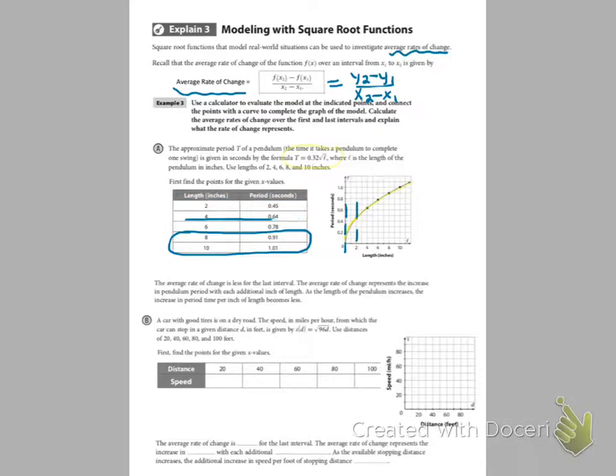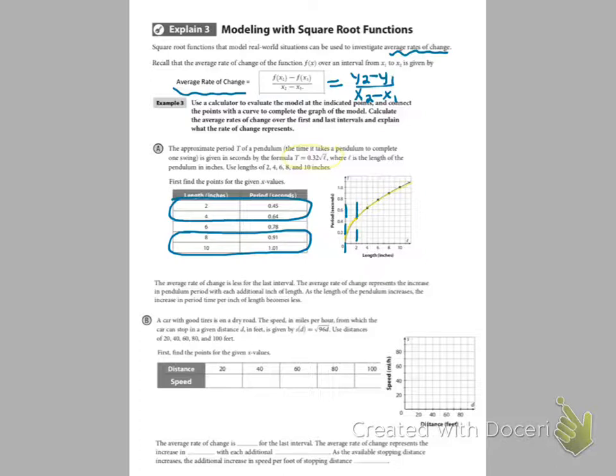Although the way they have it in the textbook, it looks like they do want us to do between 2 and 4. But really the first interval would have been from 0 to 2. So if we wanted to be technically correct, that's what we would be looking at. But they did want us to calculate between 2 and 4, and then between 8 and 10.